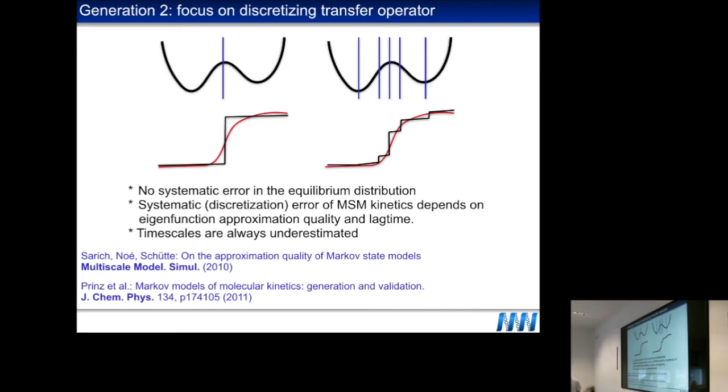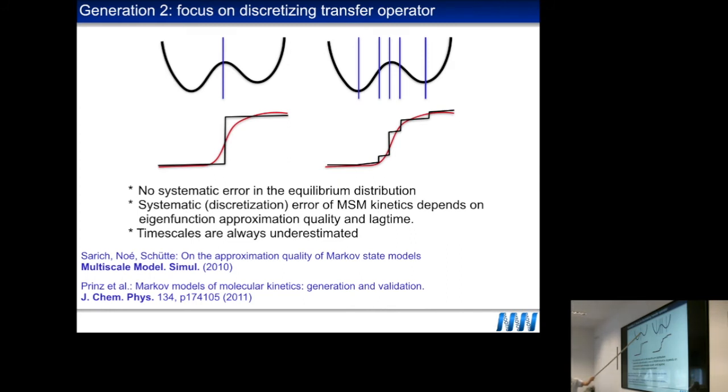But intuitively, it's probably easy to see for a 2-well system that if you have the option of defining 2 states, then it's best to define them such that you divide the two minima at the transition state, at the barrier. That's just transition state theory.